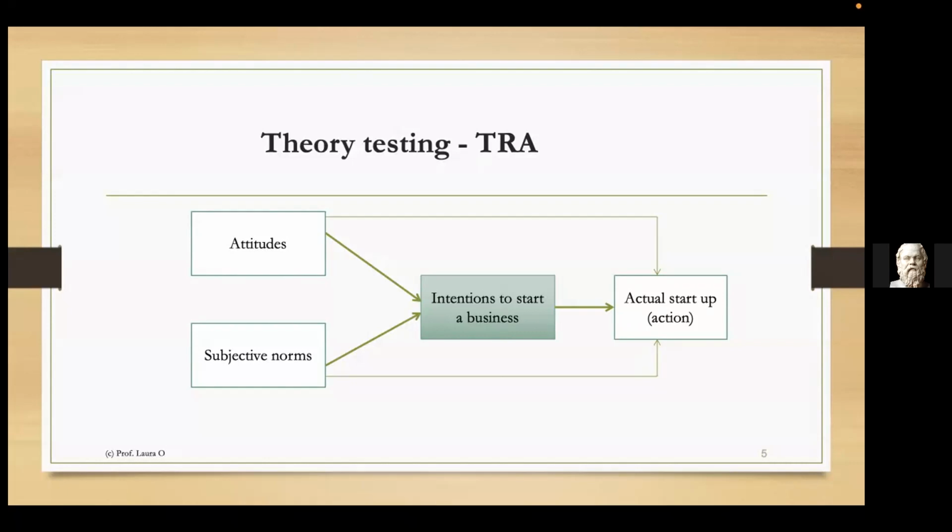Then there's also the issue of other people around you. What are their thoughts about starting a business? Yeah. And then, these attitudes and subjective norms shape the intention. The moment attitudes and subjective norms are strong, then the intention becomes strong, and then we see action taking place. So this theory can be used to explain why people are not going into business or they are in business, okay?